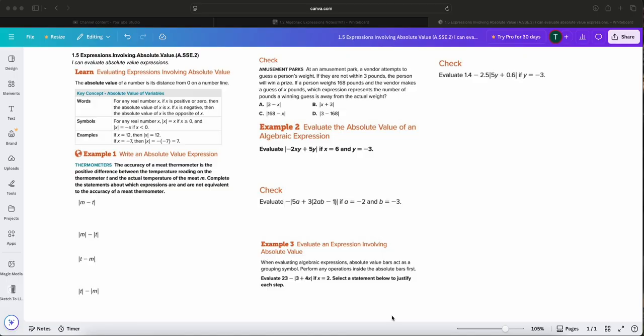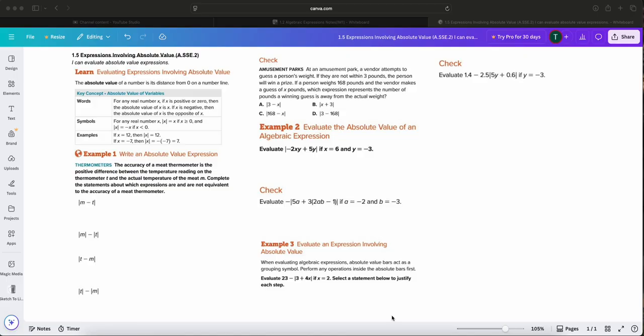If we're thinking about this one, it has M minus T in absolute value. Let's say the meat was 150 and the thermometer says it was 151. I would take 150 minus 151, which gets me negative 1.